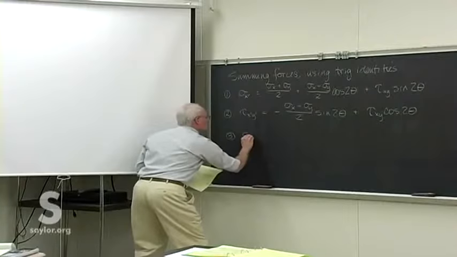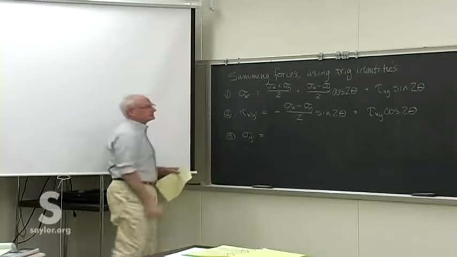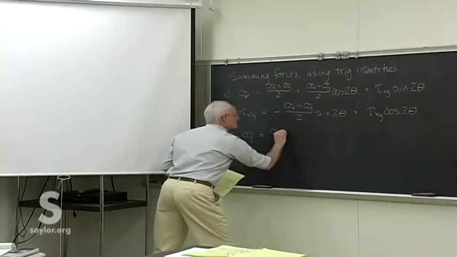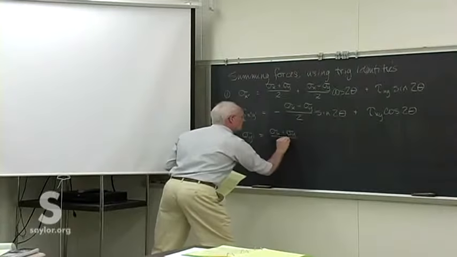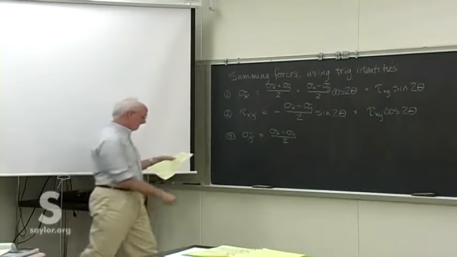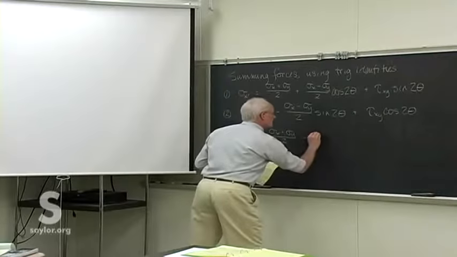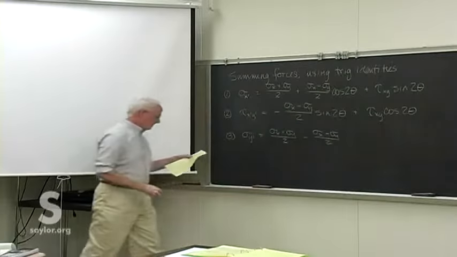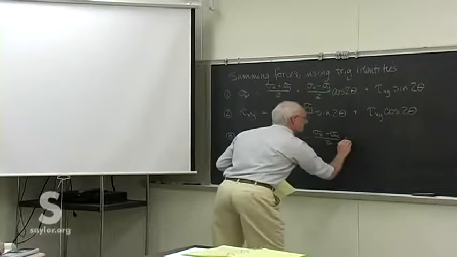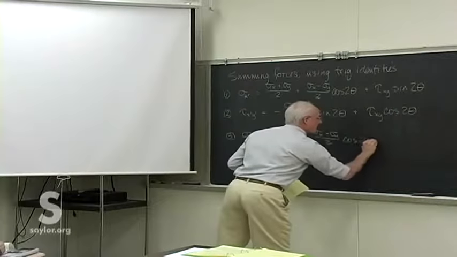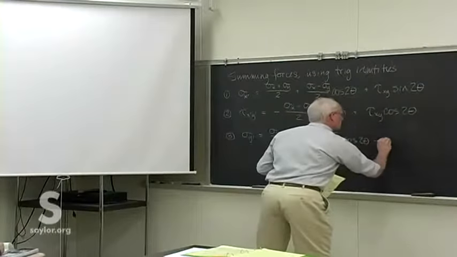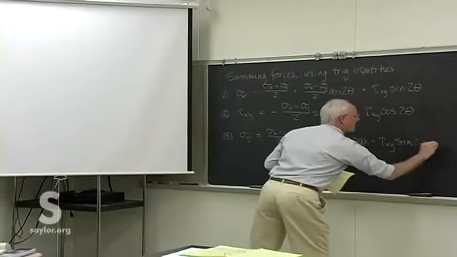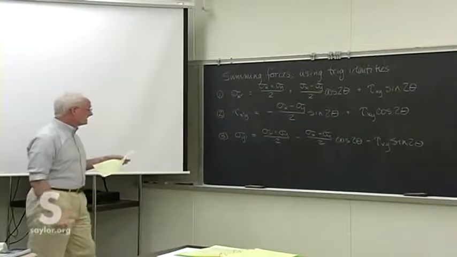And then sigma y prime we find from sigma x plus sigma y over 2, minus sigma x minus sigma y over 2 cosine 2 theta, minus tau xy sine 2 theta. So let me check those.